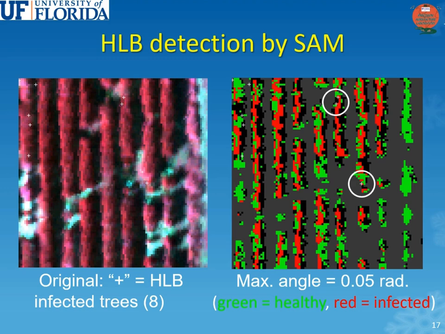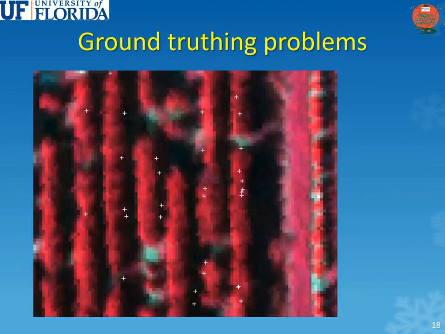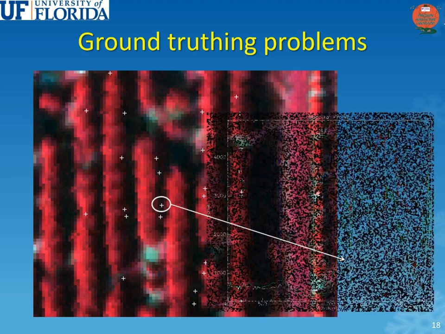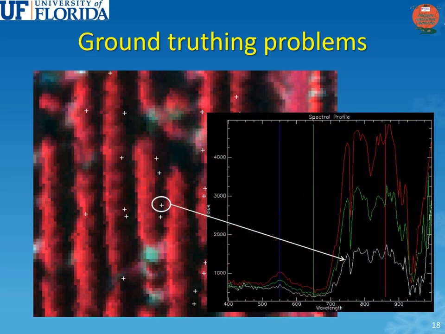What we want here is for the plus sign to coincide with the red pixel, but we found some ground truthing problems. The spectrum at the plus sign is in white, the pixel on the left has a green spectrum, and the pixel on the right has a red spectrum.